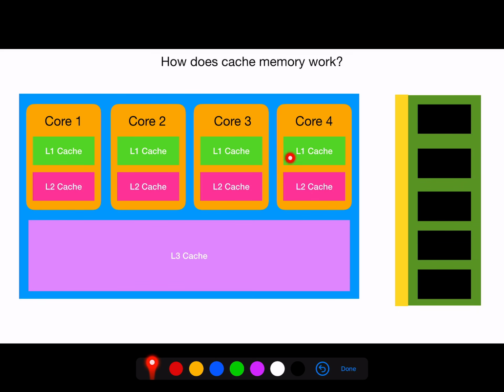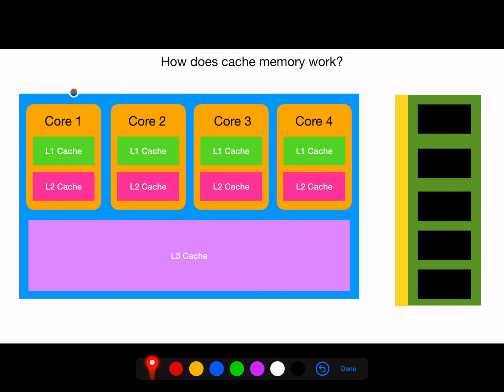It's stored in the cache, so the CPU can access it extremely quickly. So if you ever get a question in the exam on cache memory, use this phrase: most frequently used data. This is often what the examiner is looking for.